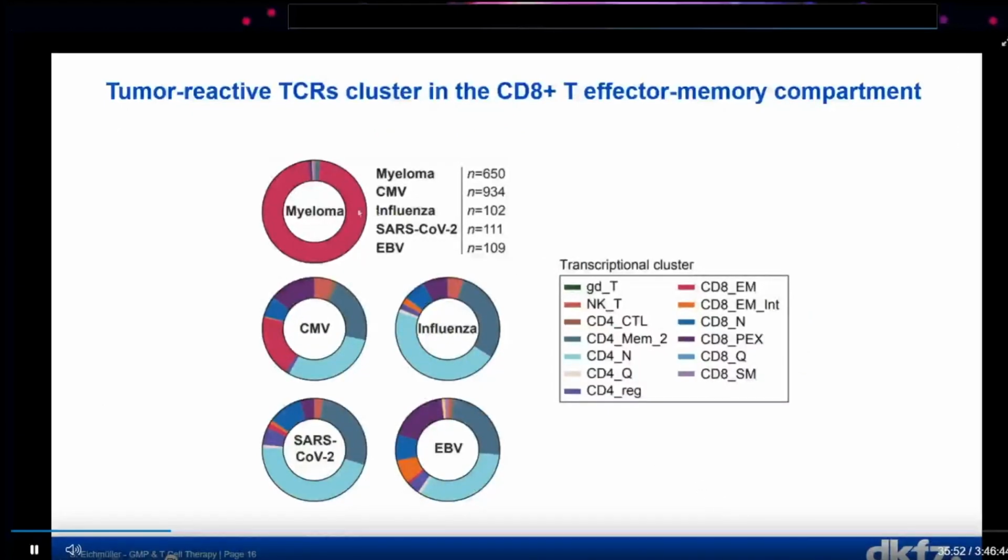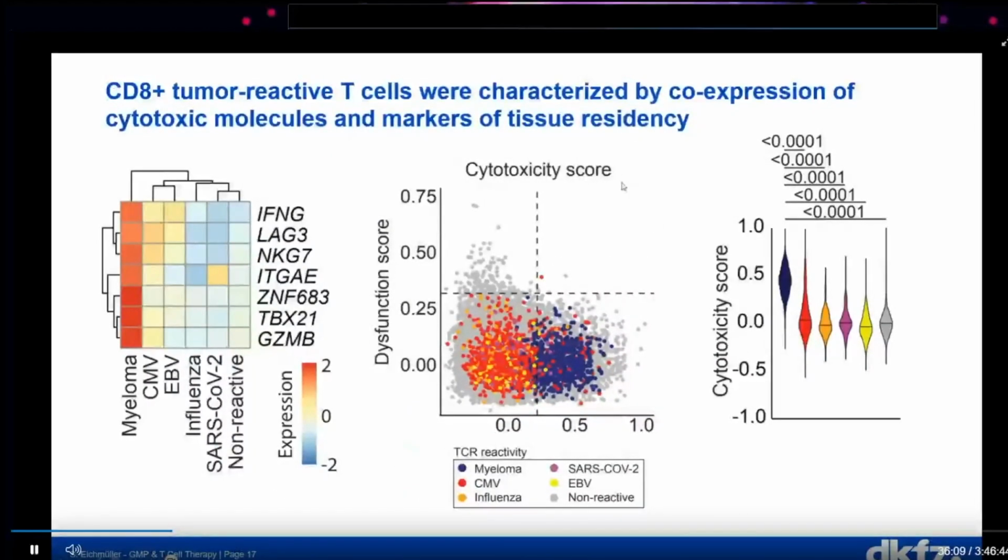So this is a little analysis of how many different reactive TCR clusters we found, and what kind of cluster they belong to. And this is a hint of the co-expression of cytotoxic molecules and markers of tissue residency among our different TCRs we analyzed here.